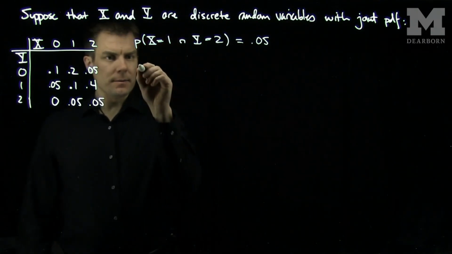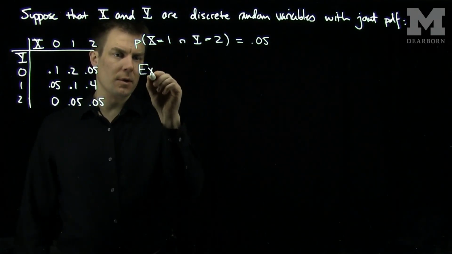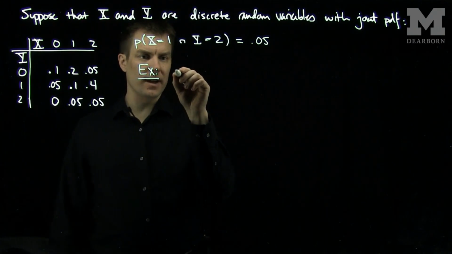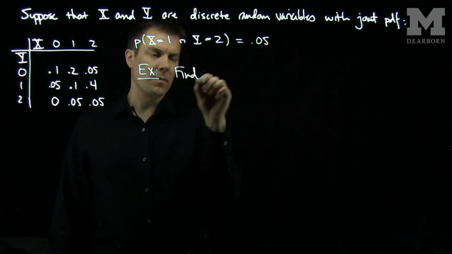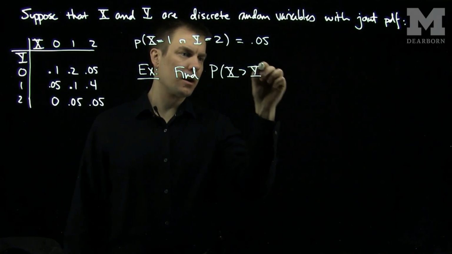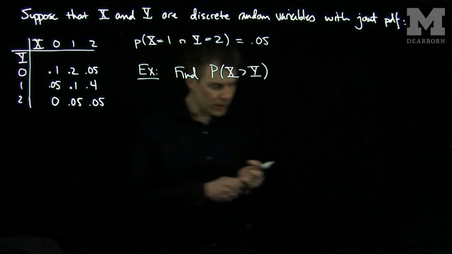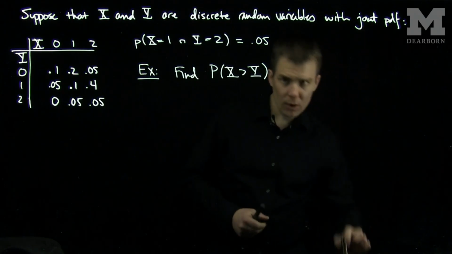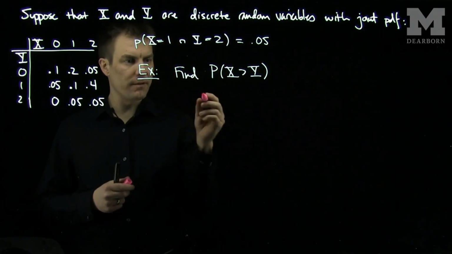Let's now find a couple probabilities. Let's first find the probability that X is strictly bigger than Y. To do this, we note that this will be the following.